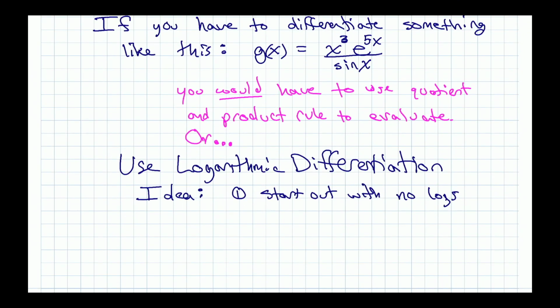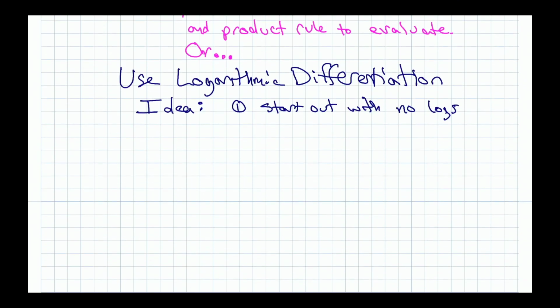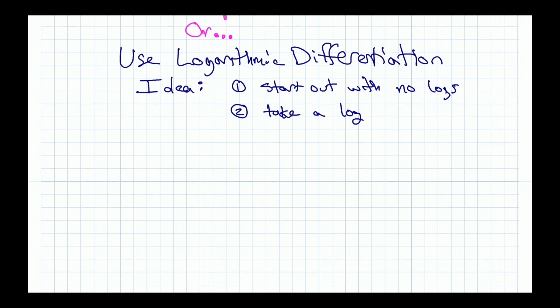Like the one that I just wrote there for g. So then what you're going to do is take a log. Now that you've got a logarithm, you can use log rules.